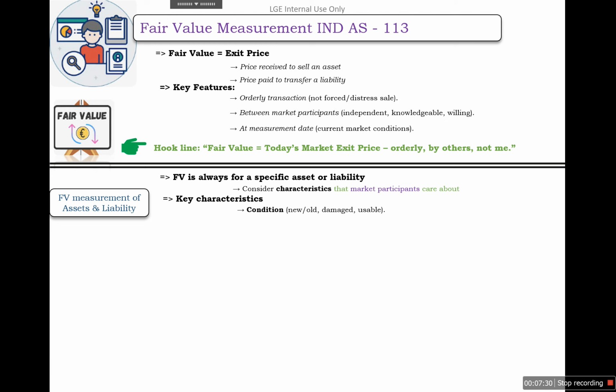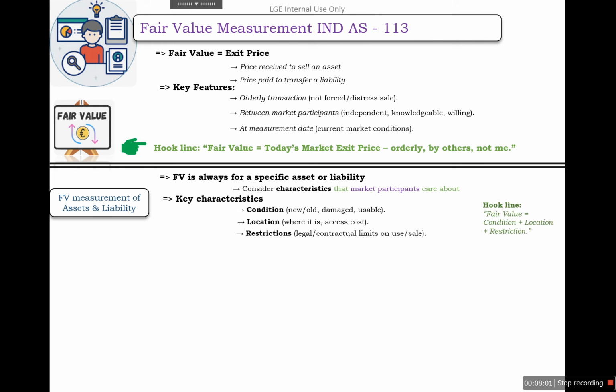Apart from it, we need to check the condition of the asset or liability, for example, in case of non-financial assets, whether it is old or new, damaged or usable. Apart from it, where that asset is located, and the restrictions on the asset. So legal and contractual limits on use or sale of the asset we need to consider when we are doing the fair value measurement of that asset or liability.